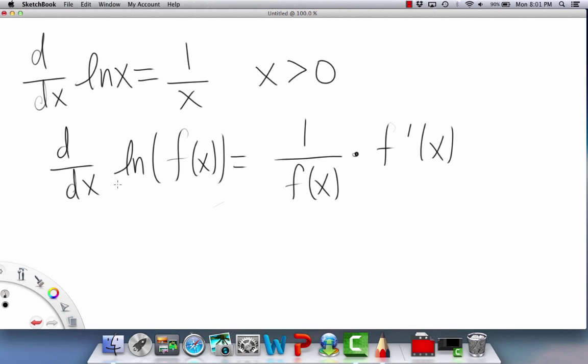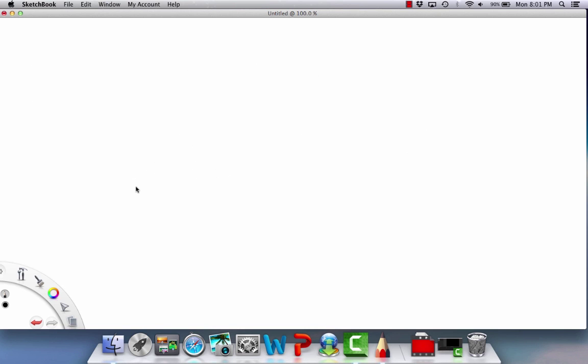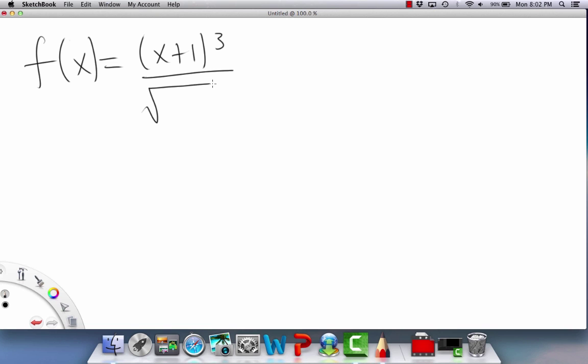Okay, I'm going to open a new slide so that I have more room. Okay, so an example would be, let's see, we have f of x equals (x plus 1) to the third over the square root of x squared plus 2. Okay, so technically there are multiple ways you could do this, as in you could do quotient rule, but that would be kind of long and tedious.